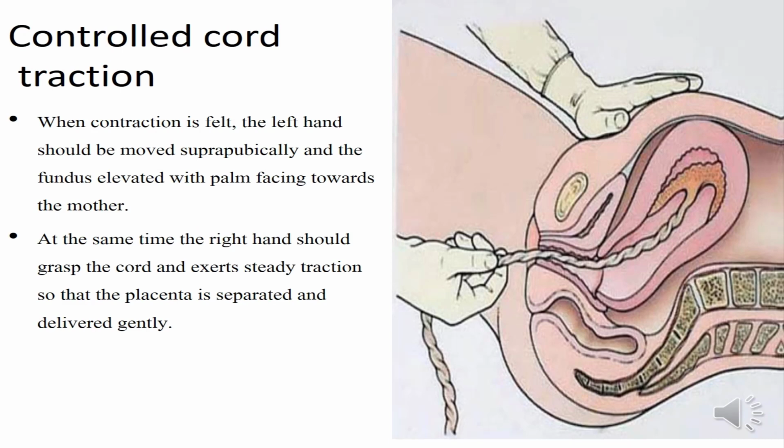When contraction is felt, the left hand should be moved suprapubically and the fundus elevated with palm facing toward the mother. At the same time, the right hand should grasp the cord and exert steady traction so that the placenta is separated and delivered gently. This is called controlled cord traction.